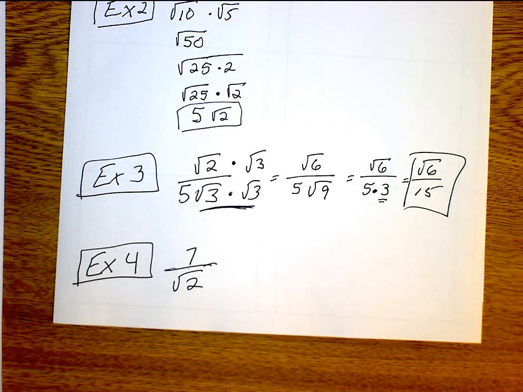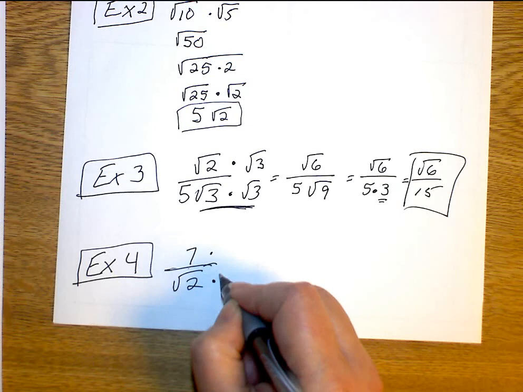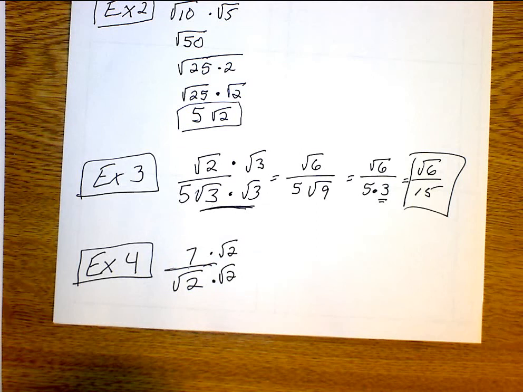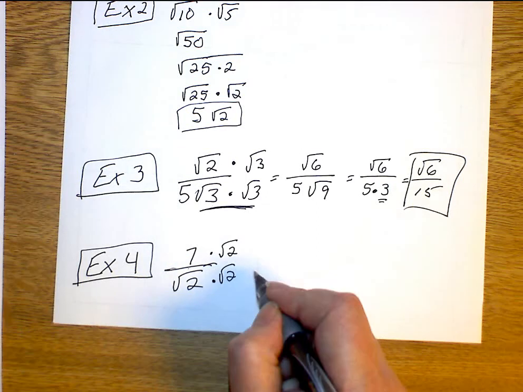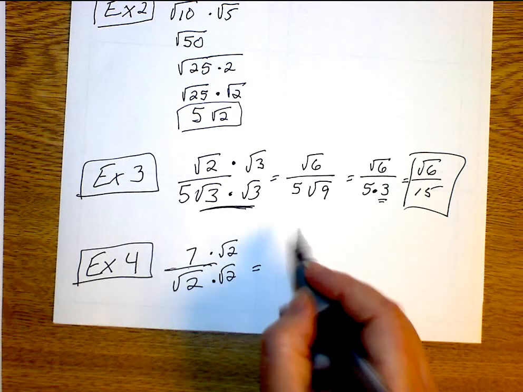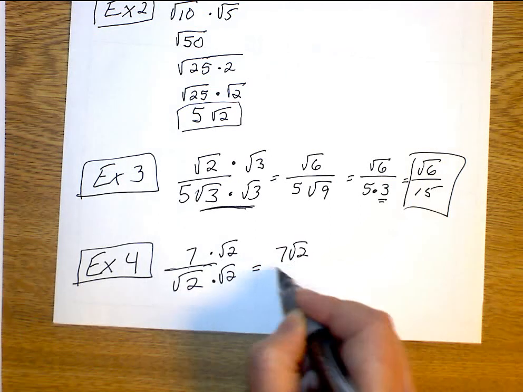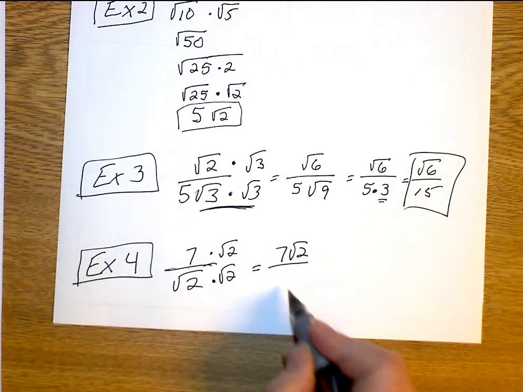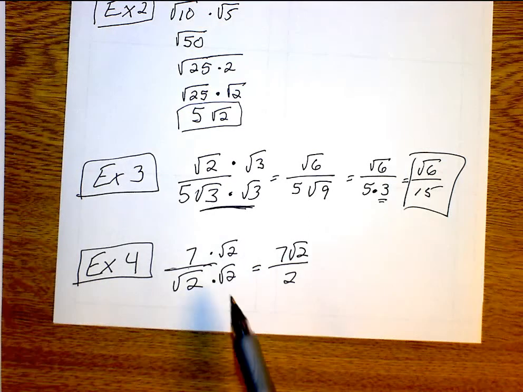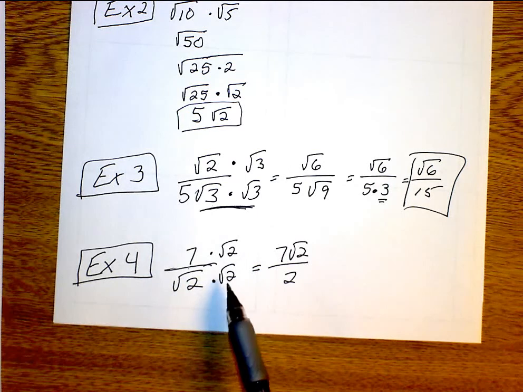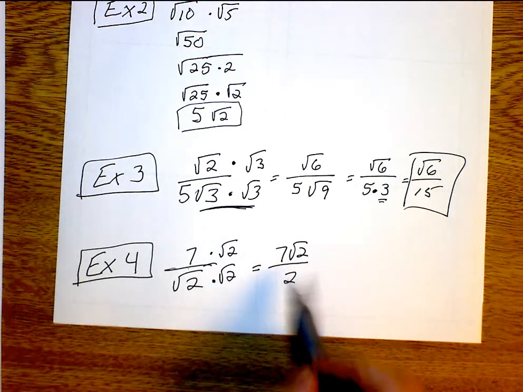To get rid of the... Yep, so we're going to multiply both by the square root of 2. Bottom, we have 2. If you need to, say square root of 2 times square root of 2 is square root of 4. And then take the square root is 2, that's fine.